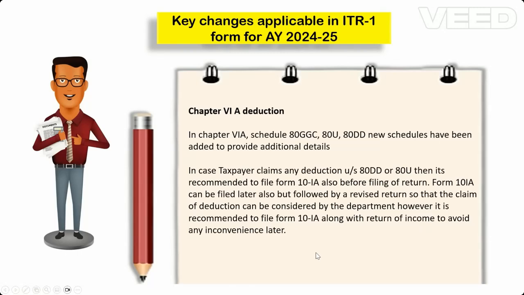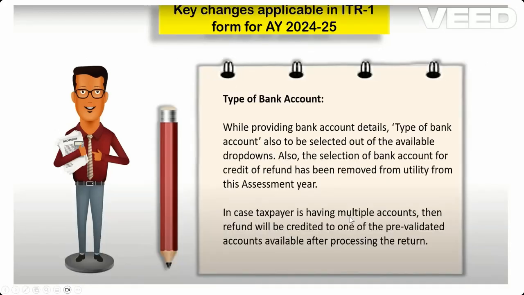Generally the income tax department will send a notification if you have not filed it, so during that time you can fill in this 10-IA and send it to the department for checking, and they will look into it.